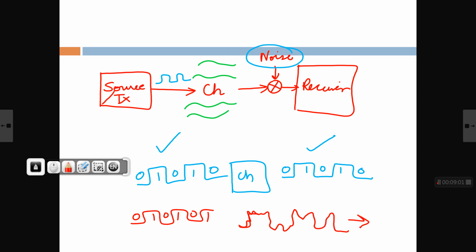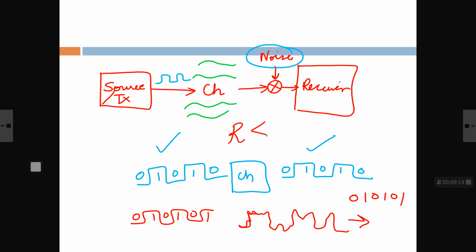But it is possible to remove the noise or do something such that I will get the same data back. But what should be the condition? The condition should be that the information rate R should be less than or equal to C, that is the channel capacity. It is as simple as this.